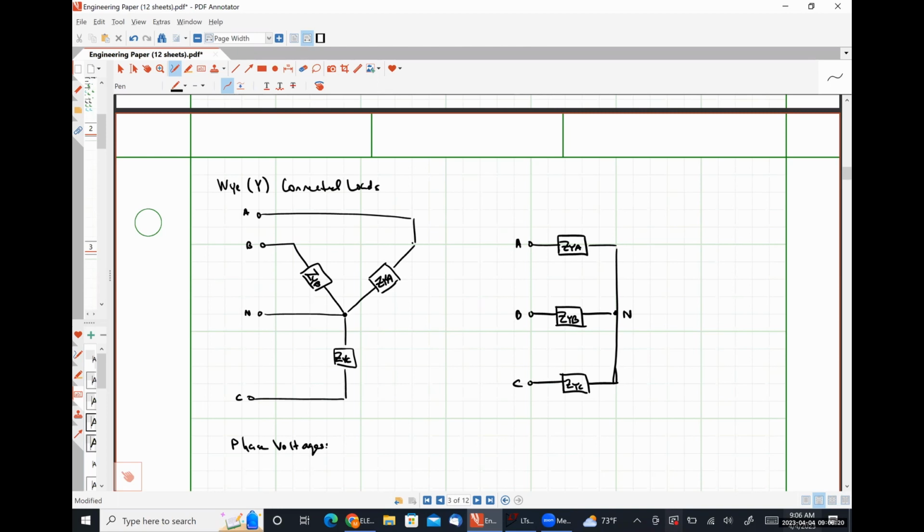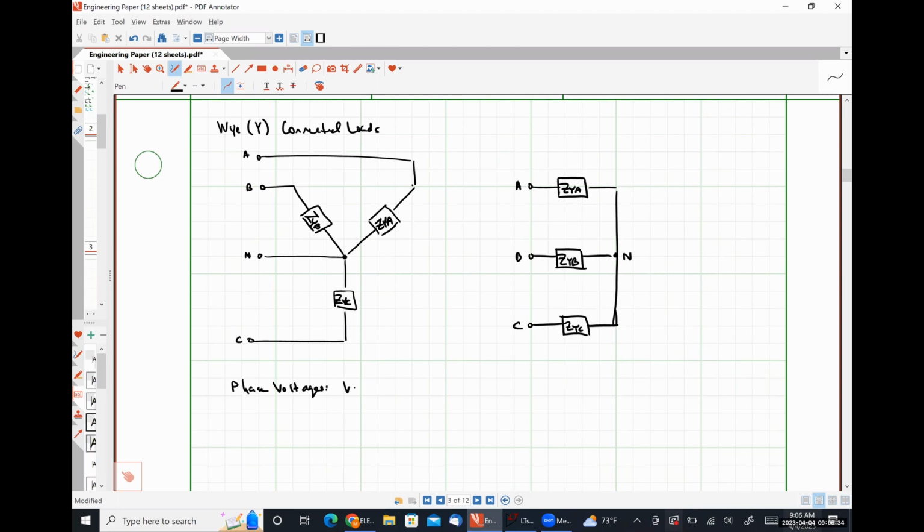Yeah, so effectively, all of these quantities are going to be the exact same thing as we saw for our Y connected source, except we're going to use capital letters because now we're referring to a load. So Garrett, I believe you're 100% correct. Our phase voltages are simply VAN, VBN, and VCN, which I can represent on my diagrams like so.